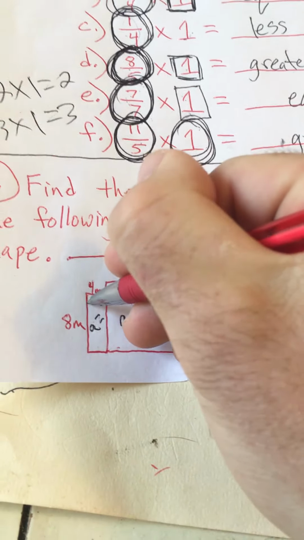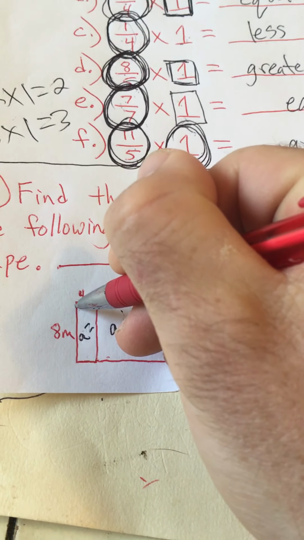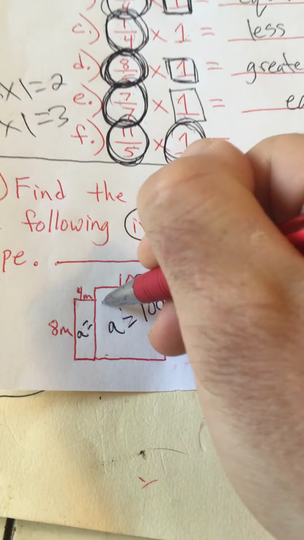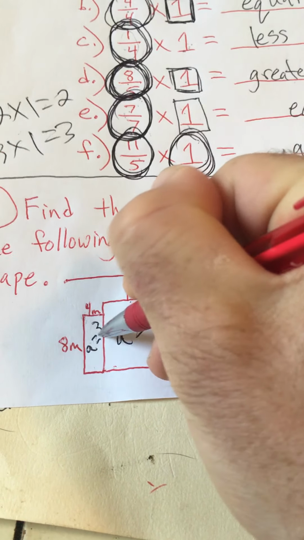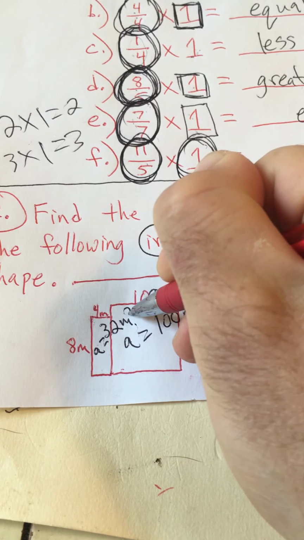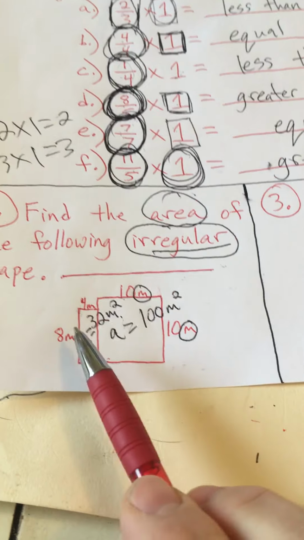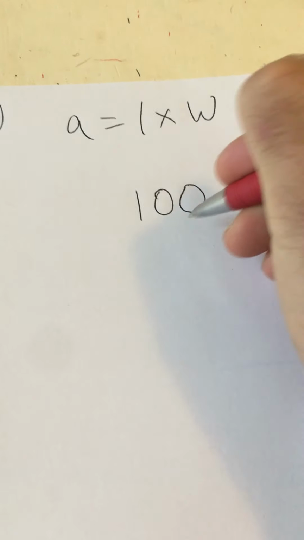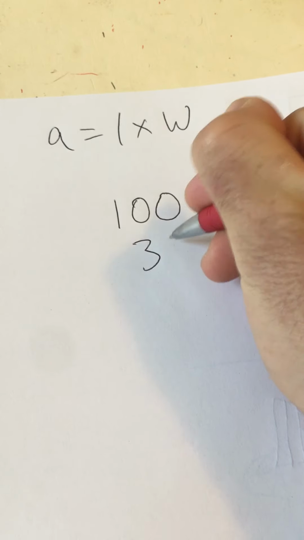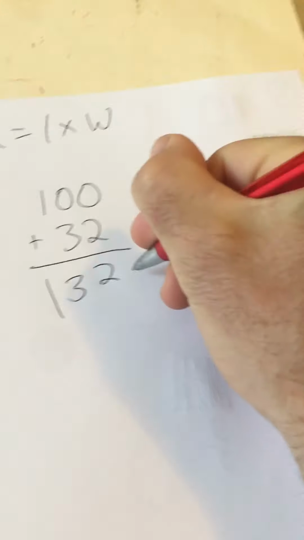Now this little box is length times width, 4 times 8. So 4 times 8 is 32. Meters times meters is meters squared. So now we have the big section is 100, the small section is 32. So to find the area of the whole thing, it's 100 plus 32, which is 132.